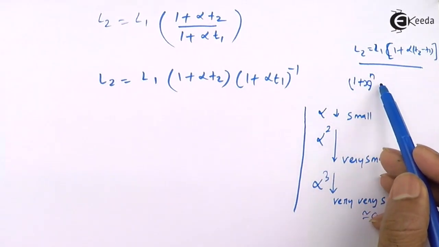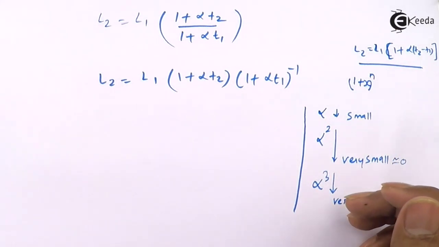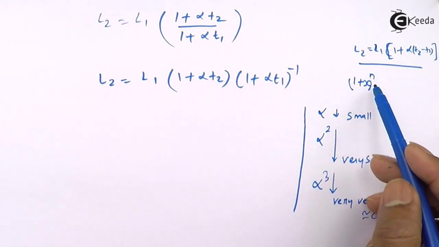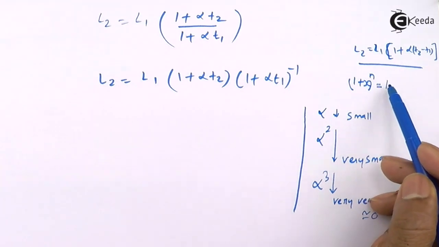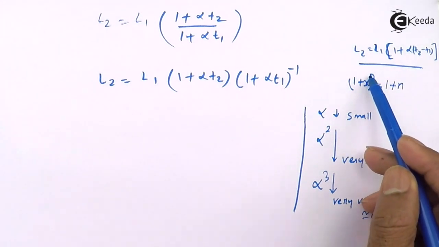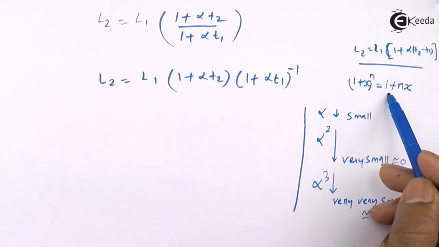If you go for the binomial expansion, you will have n plus 1 terms, but if x is found to be very, very small, then you can write this as simply 1 plus the power times this term. That's all.